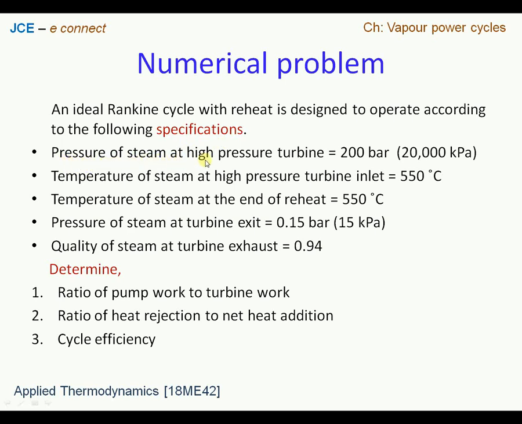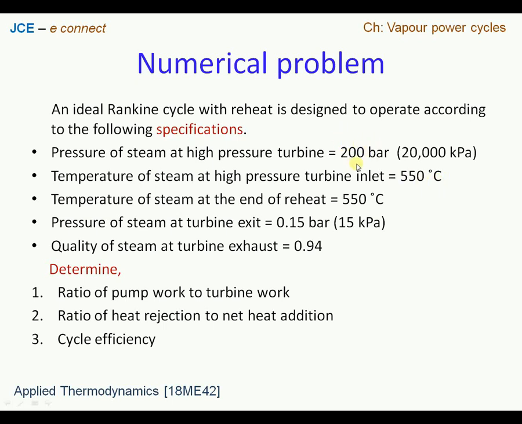The pressure of steam at the high pressure turbine is 200 bar. So the boiler pressure is around 200 bar, which comes to 20,000 kilopascal. And the temperature of the steam at the high pressure turbine inlet is 550 degrees Celsius.